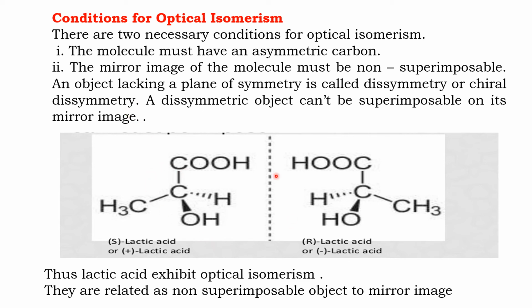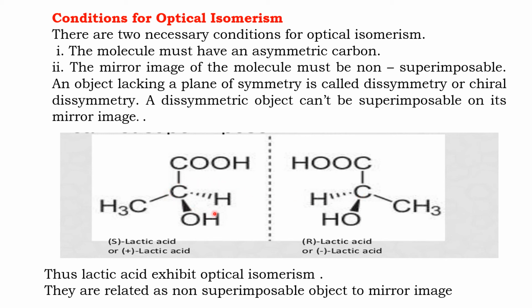Now see here, this is lactic acid. Lactic acid exhibits optical isomerism because if I take this as the object and this as the mirror image, these two form non-superimposable mirror images. So both these forms exist. These two forms are related as non-superimposable object to mirror images.